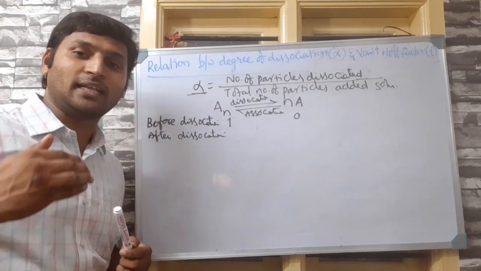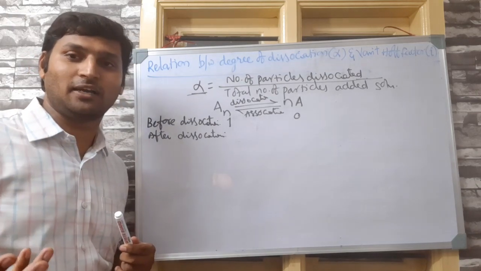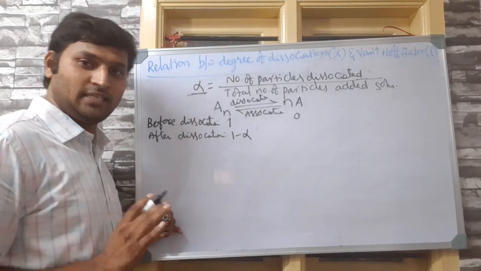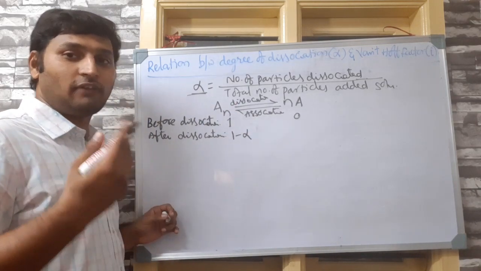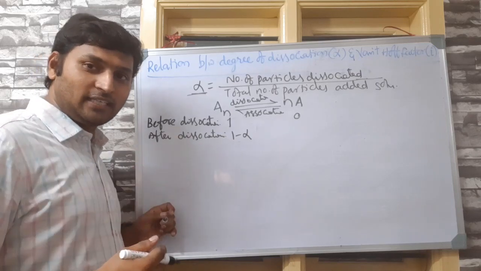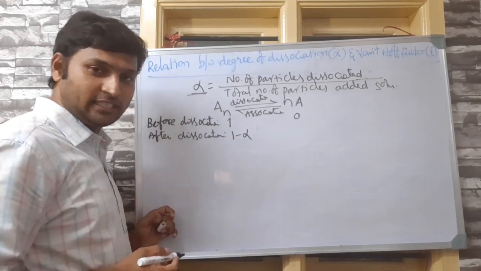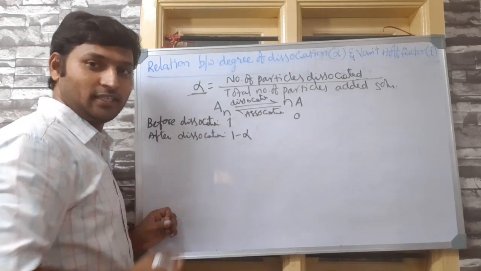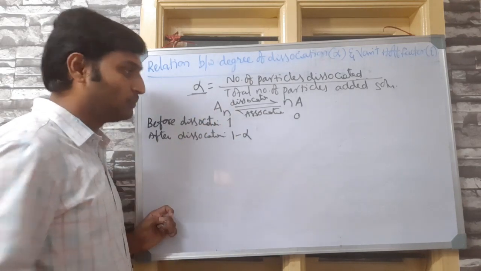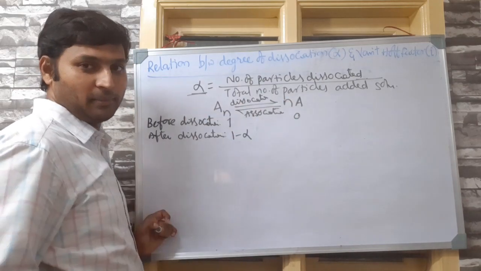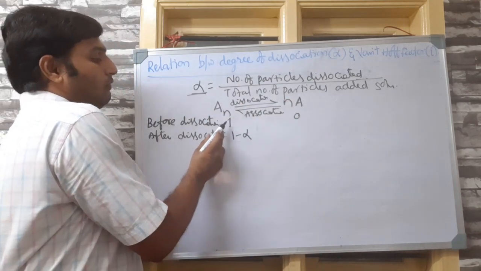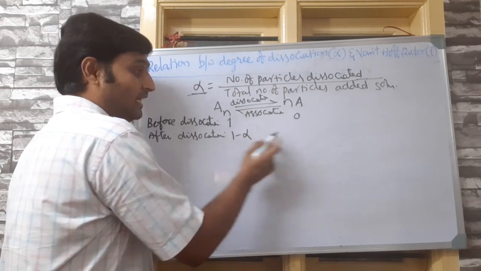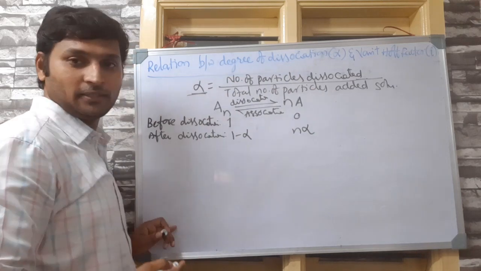Now alpha fraction is dissociated, meaning how much is left out? 1 minus alpha will be left out. Please understand, because maximum value of alpha could be 1. When alpha is less than 1, if I assume the number of moles itself is 1, 1 minus alpha would have been left out because alpha has dissociated. Correct? Number 2, how many particles are formed? 1 mole would have given n moles. Here alpha moles have dissociated, so n alpha moles would be formed. Clear?